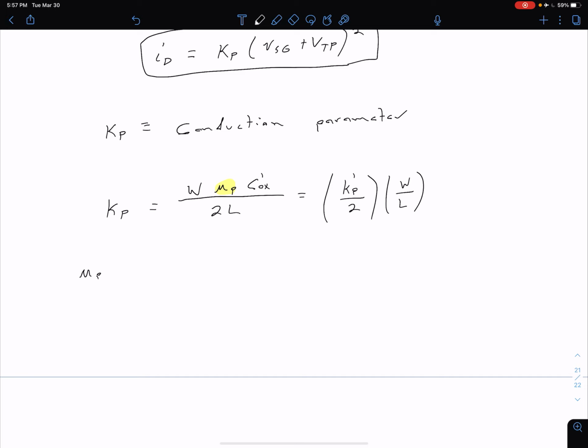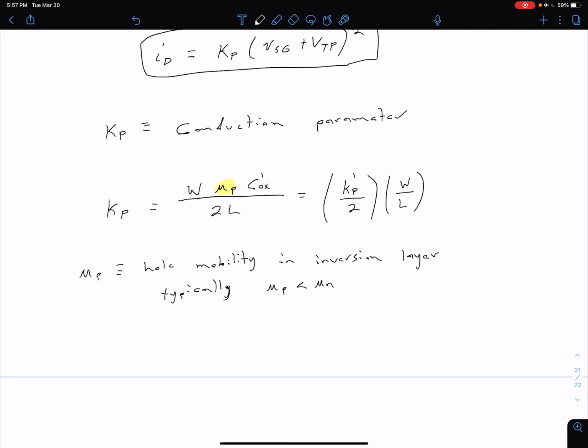As I said a second ago, that mu sub p is our hole mobility in the inversion layer. And just like we saw in the bulk of devices, typically that hole mobility is going to be less than our electron mobility. So typically our mu sub p is going to be less than mu sub n.